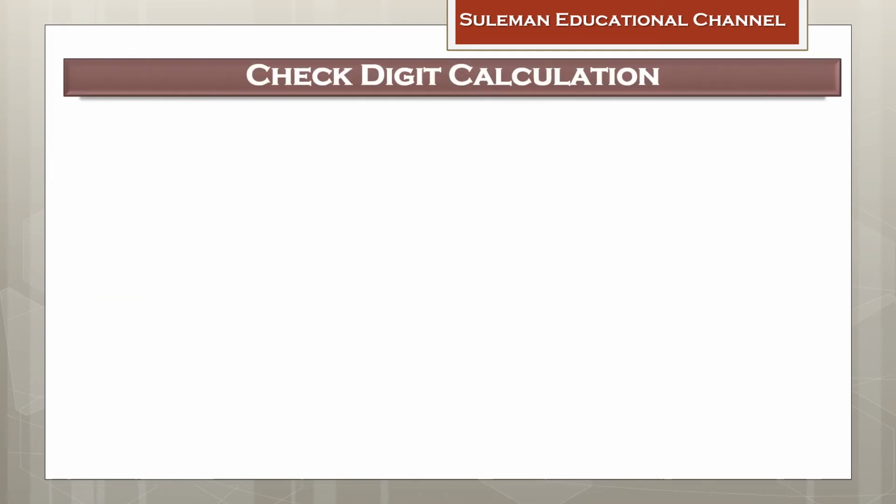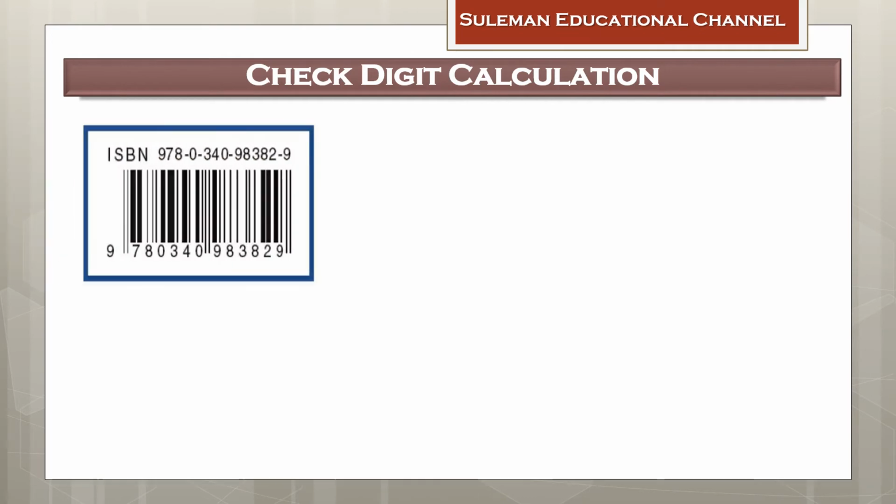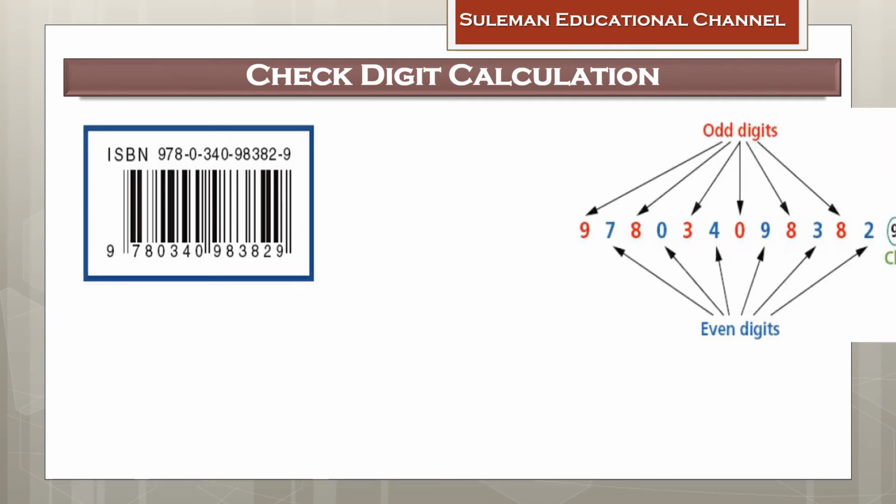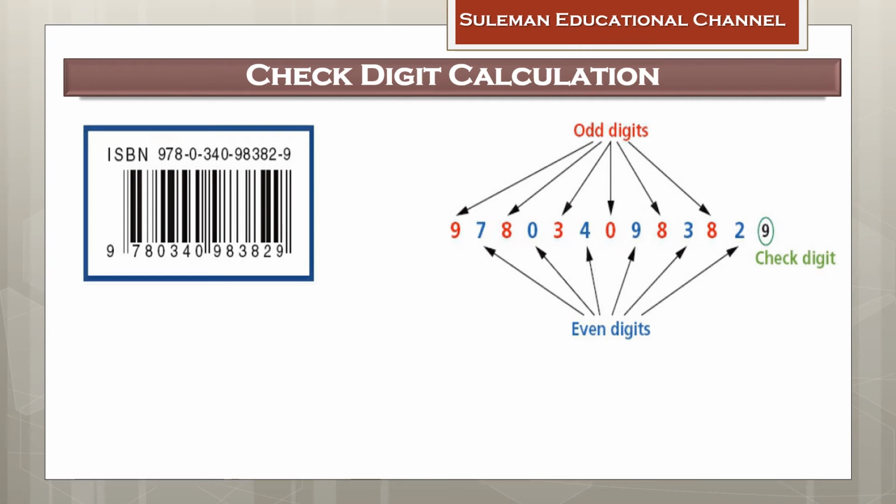Now we will discuss the calculation of the check digit. Before understanding, let's take an example of an ISBN. Over here in the diagram, you can see that there are 13 digits: 9780340983829. Out of these 13 digits, the last digit, which is 9, is the check digit.